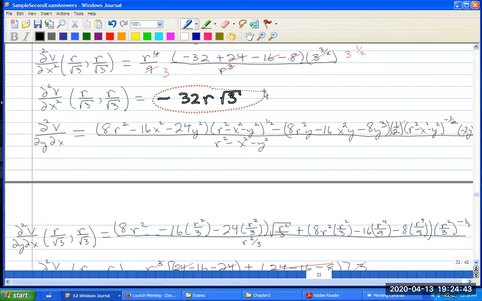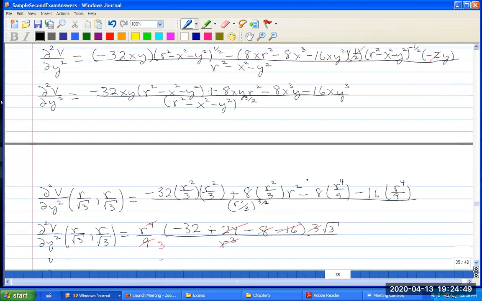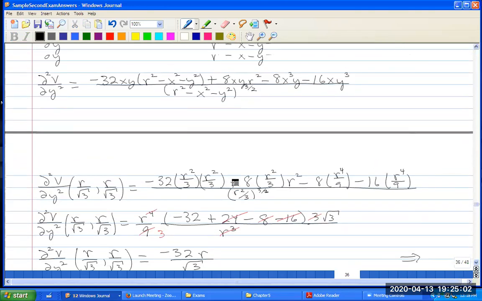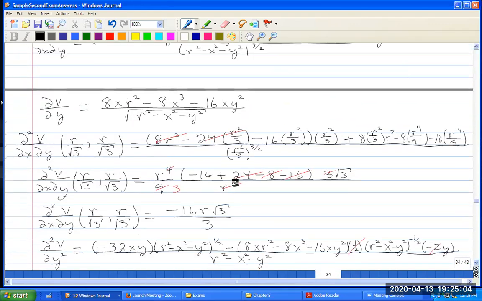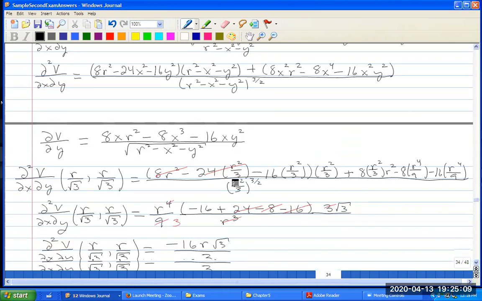Minus 32r over rad 3. Minus 32r rad 3. Okay. And then the other partial, and they're both the same. They're both minus 16r over rad 3s.